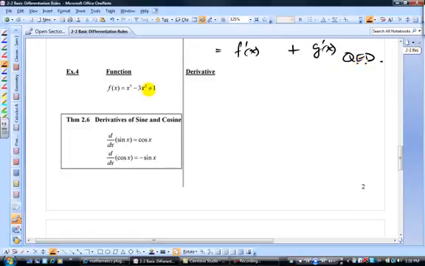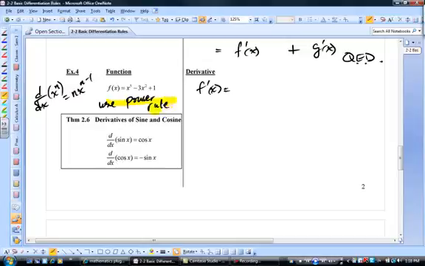Okay, now you notice that we got a sum and difference of functions here. So we just take the derivative of each piece, basically. So f prime is going to be equal to, and again, this is using the power rule here, and that means the derivative of x to the nth power is equal to n times x to the n minus 1.